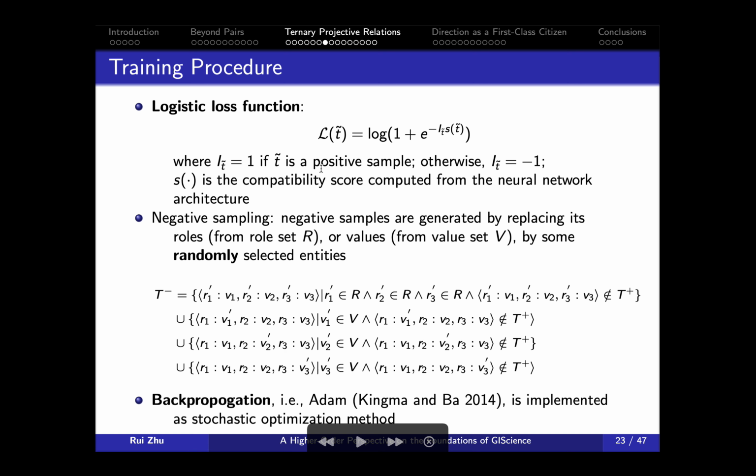The positives are our training data. Then we have to use the negative sampling technique to generate negatives. Here, we randomly replace the roles and the values in a positive statement with some other roles and values so as to generate negative candidates. Finally, we used Adam as a stochastic optimization method for backpropagation.